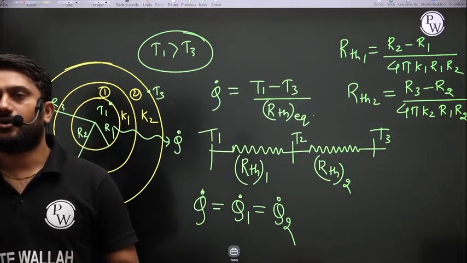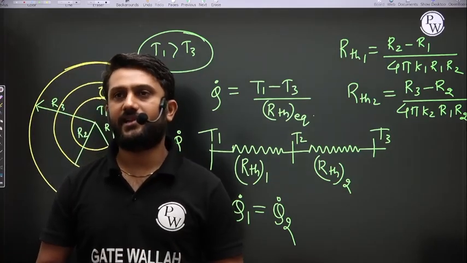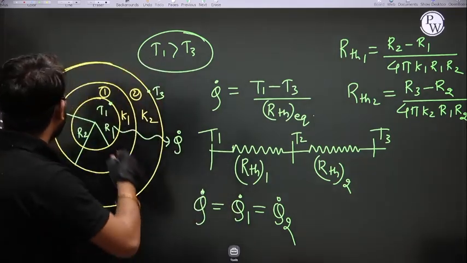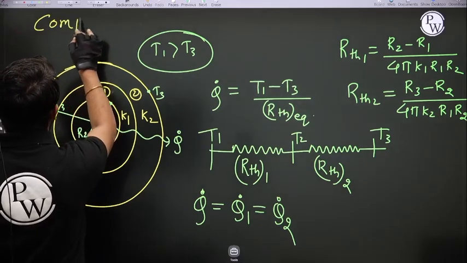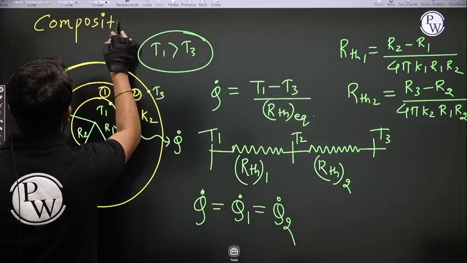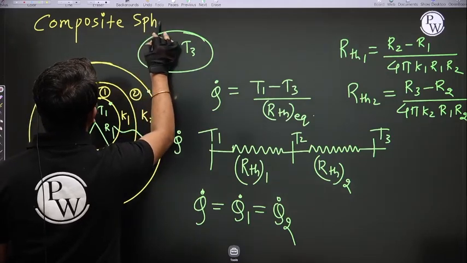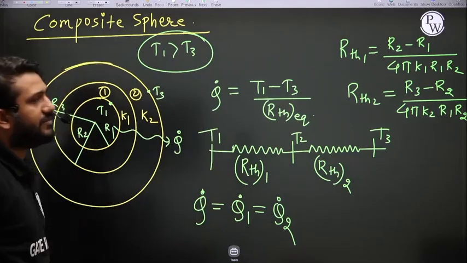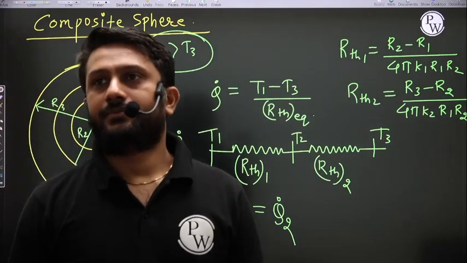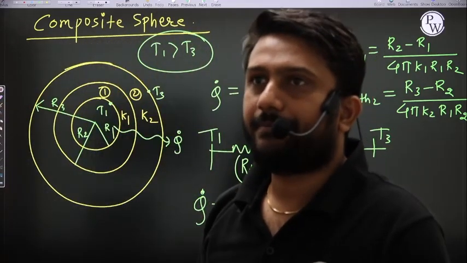Same as the hollow cylinder, same as the composite cylinder. So this is the composite sphere, if a sphere is made of more than one material. Is it clear?